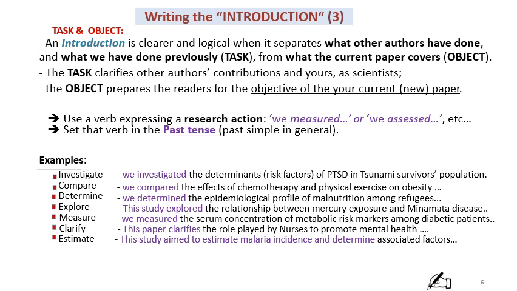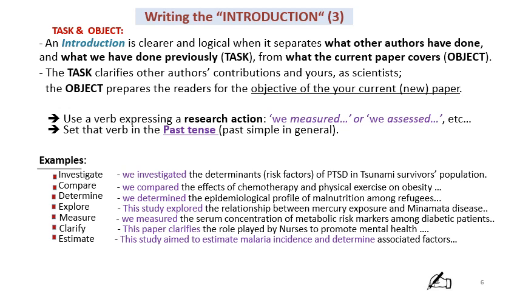to clarify, to estimate. For example, we investigated the determinants or the risk factors of PTSD in the tsunami survivors' population. We compared the effect of chemotherapy and physical exercise on obesity.